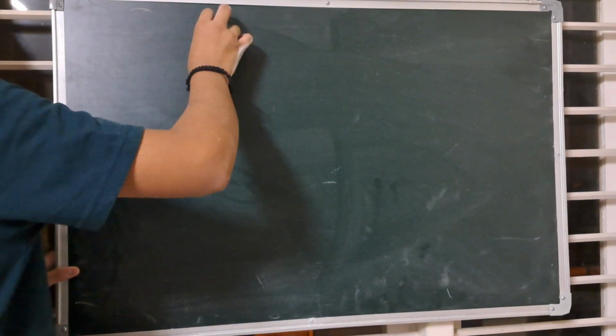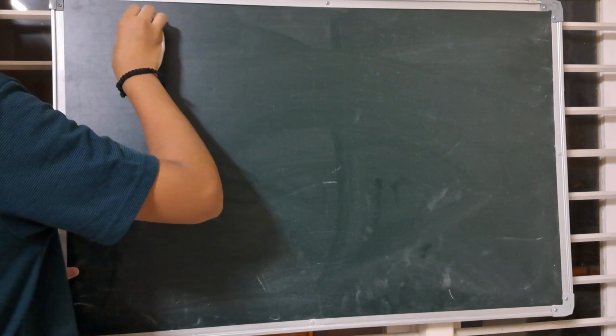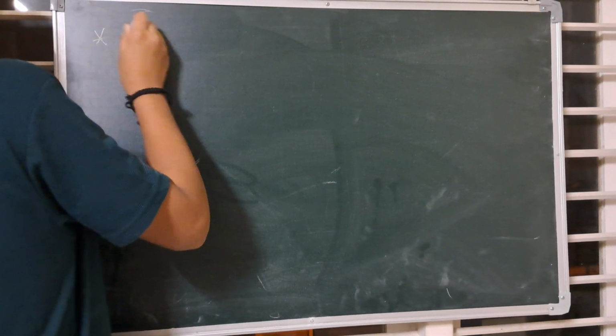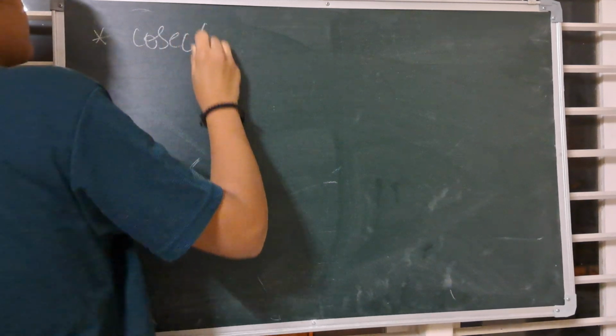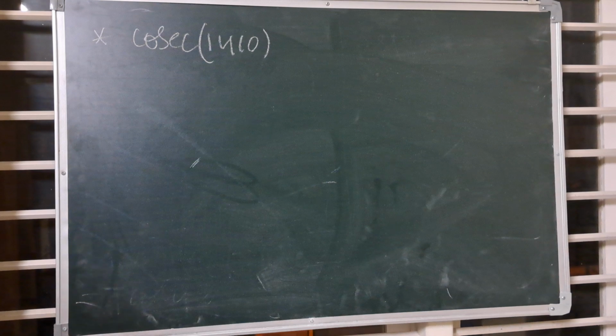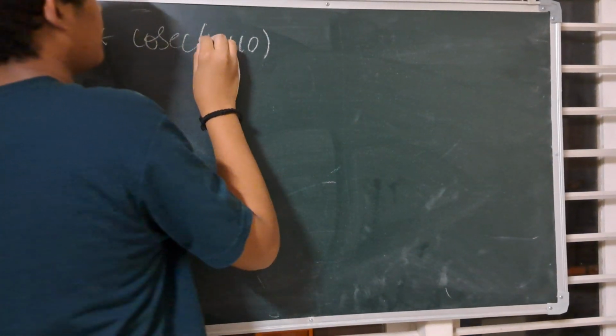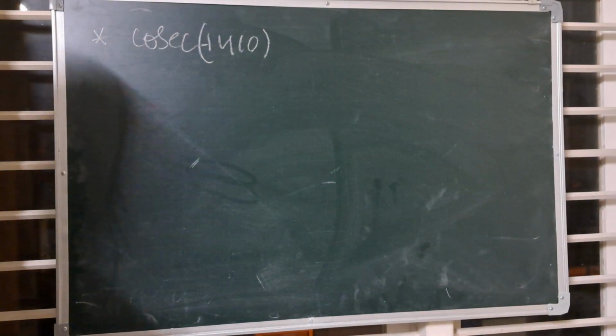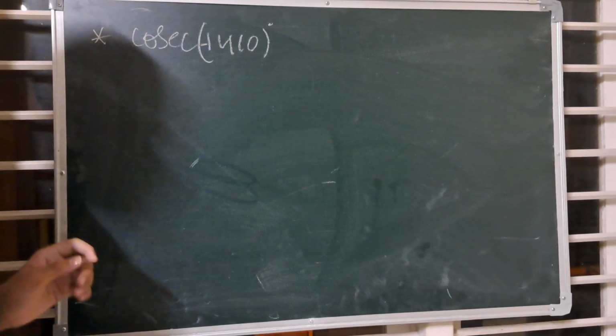For example, we'll take cosecant, negative 1410 degree.